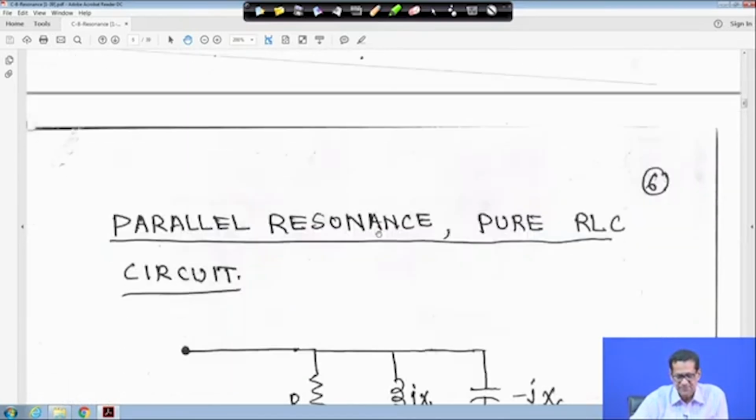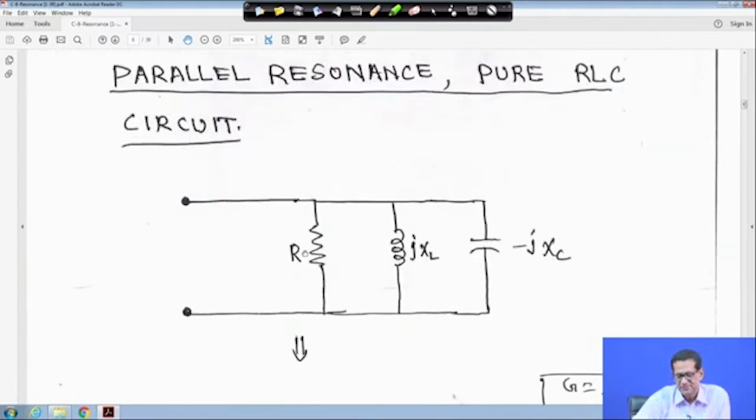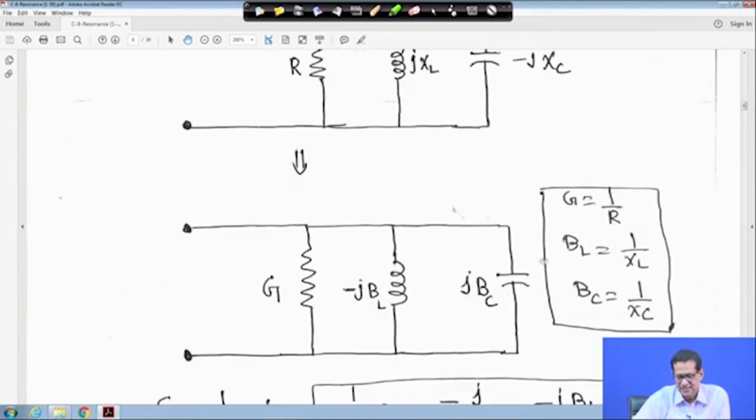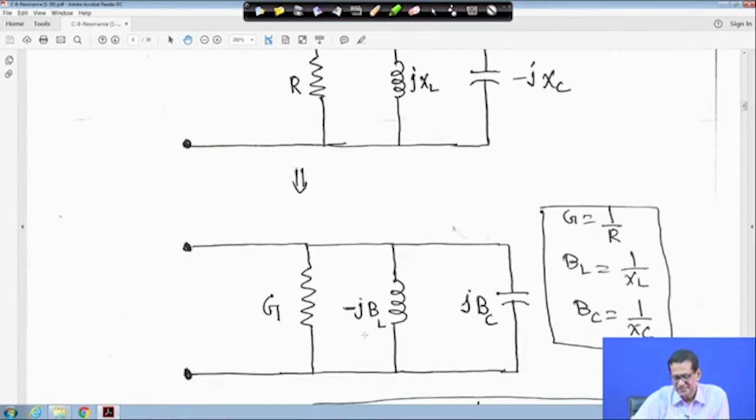Next is the parallel resonance, that is the pure RLC circuit. In this case this is my R, this is my jXL, and this is my minus jXC, the capacitor. Here R can be written as a conductance, and these two can be represented as minus jBL and jBC, the susceptance.